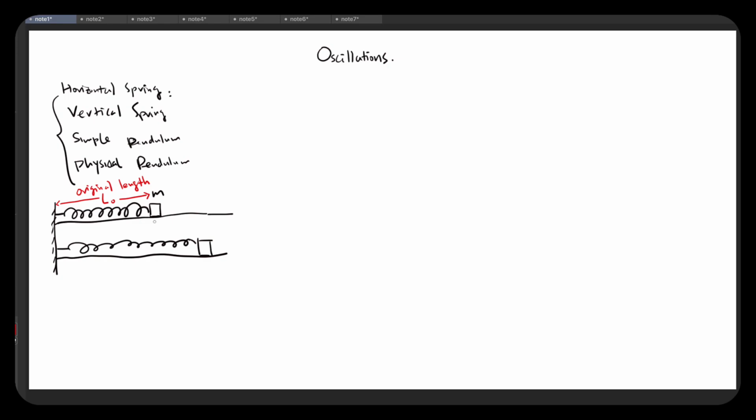But right now, the original length of the spring is the origin of the coordinate system. So here's origin O, and we're going to set up a one-dimensional system so that the right side is the positive x-axis, and of course the left side is negative.